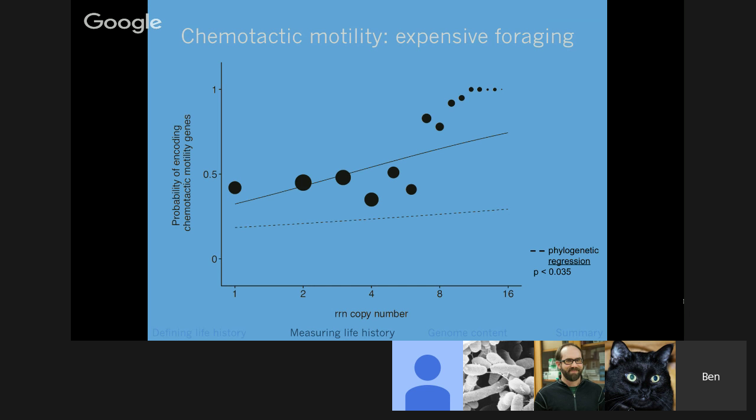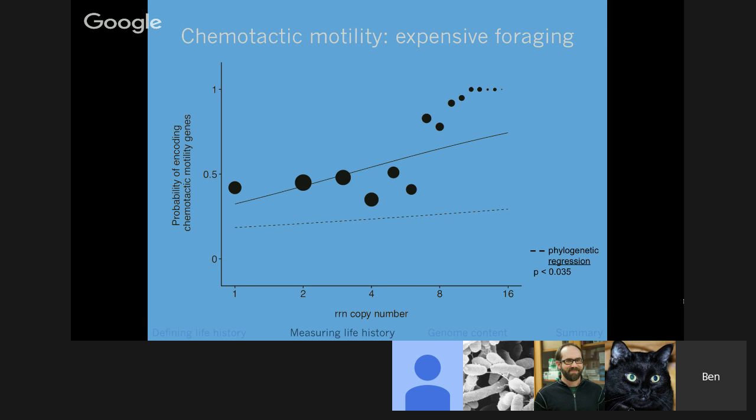What I'm showing here is a plot of the logistic regression. We can do this both taking into account phylogeny, which is the dashed line, as well as ignoring phylogeny, which is the solid line. Each bubble represents all of the organisms for that given ribosomal RNA operon category, and the size of the bubble is the number of genomes in that rRNA copy number category.